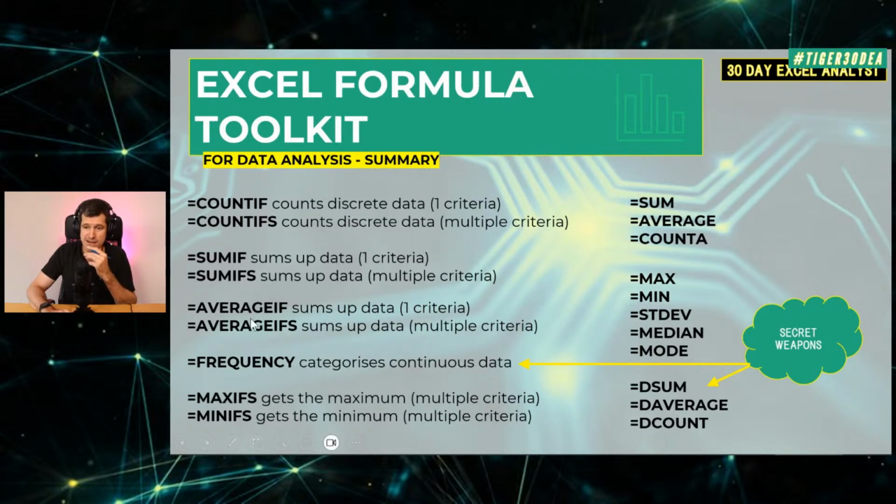SUMIFS, we've seen AVERAGEIFS, we've seen MAXIFS, MINIFS, we've mentioned, and then FREQUENCY we saw in the first session this week is used to analyze continuous numerical data, drop it in those bins and get that beautiful bar chart visual. And then today we also covered DSUM, DAVERAGE, and DCOUNT. And then these formulae we covered on Monday.